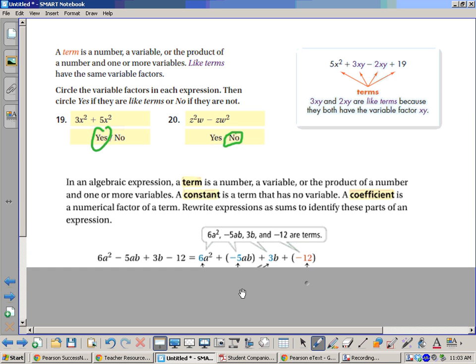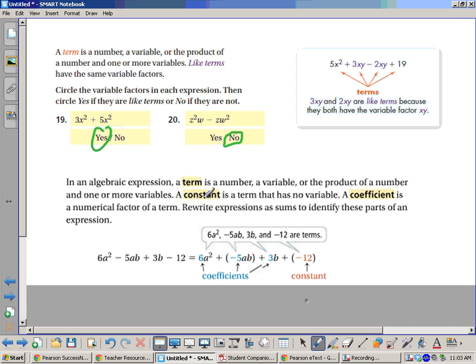So let's talk about what it means with this number in front of the variable, and what that is called, plus the number with no variable, as I pointed out up here. Here we have 6a squared minus 5ab plus 3b minus 12. Each term in there is separated by a minus and a plus, so we have 4 terms here.